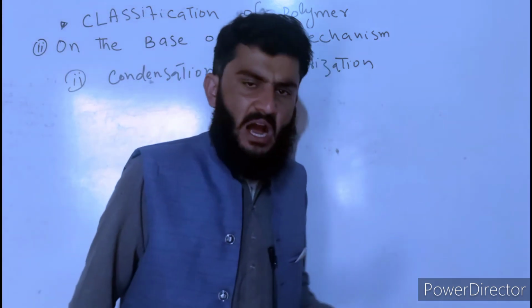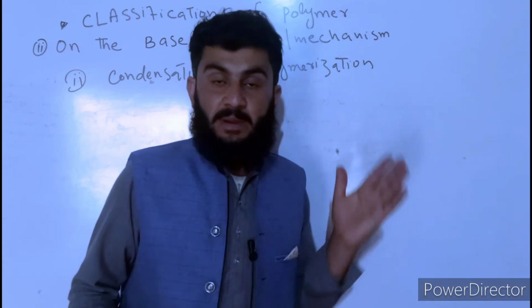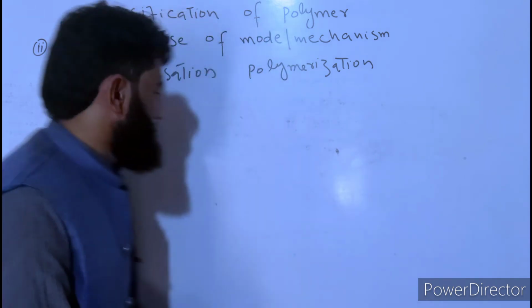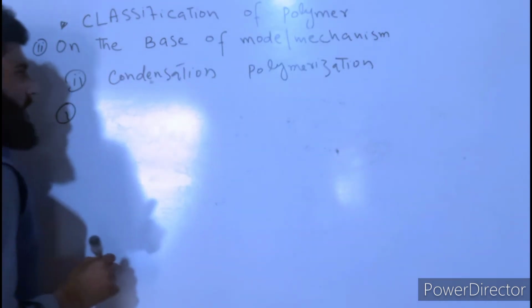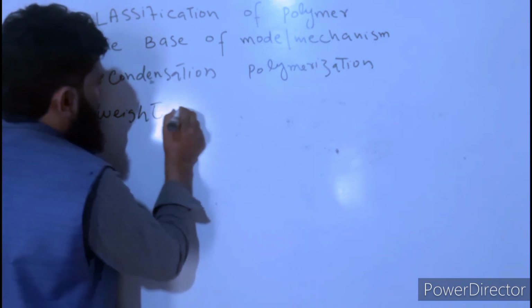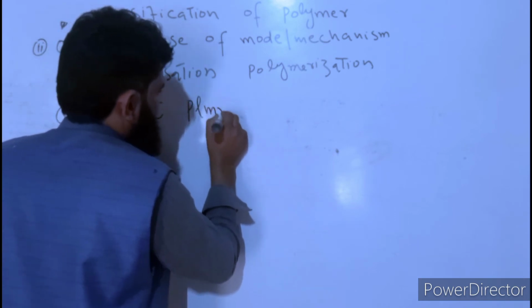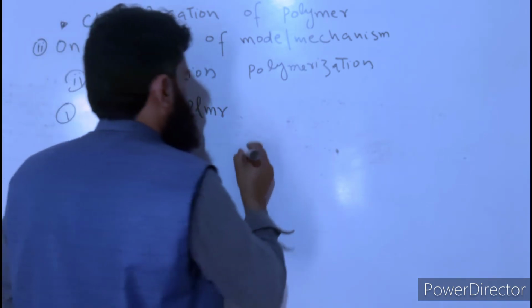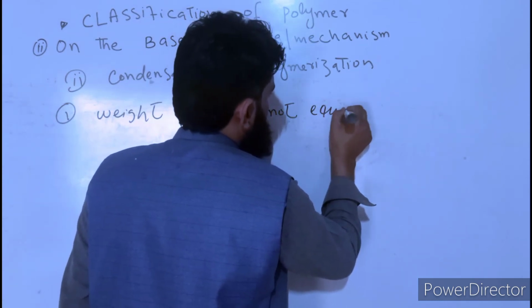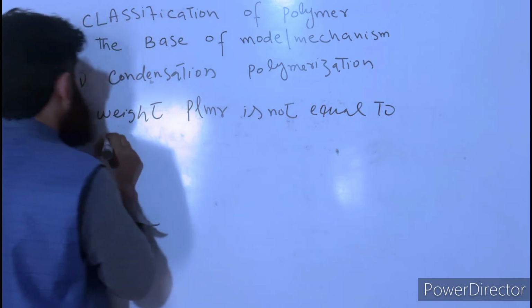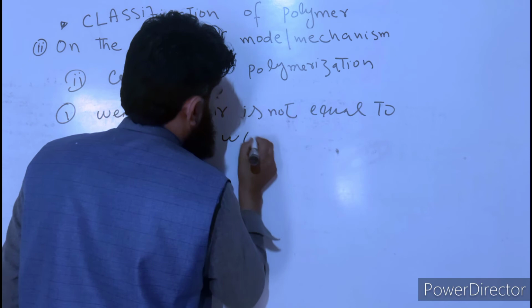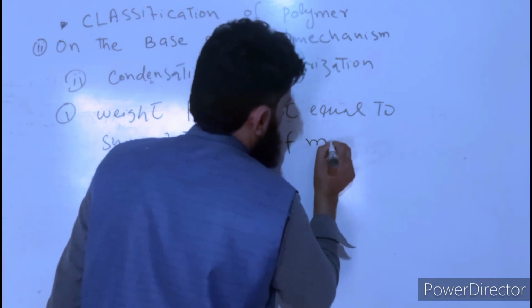So I want to explain condensation polymers with some basic properties. Number 1, weight of polymer is not equal to sum of the weight of monomer.